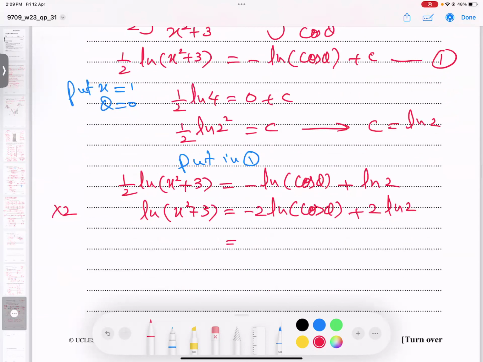First of all, it's very clear. I have to take this 2 in the power and this 2 in the power as well. Then it's possible. And the negative, I'm not using it. So log here, negative. I have to put 2 here. And log of 2 to power 2 is 4.